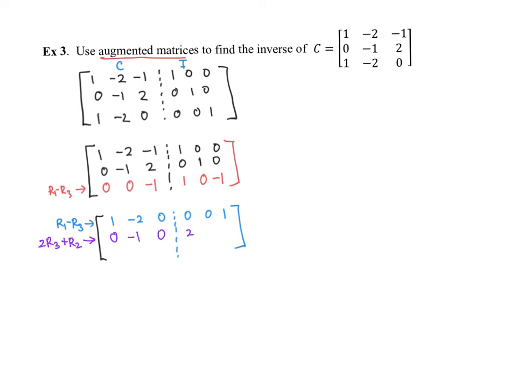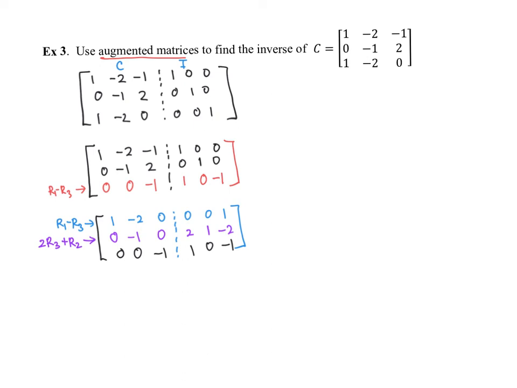Did I make a mistake? Yeah, I did, huh? I forgot to add the 1. 0 plus 1, negative 2 plus 0. Okay, I think that's better. And then the third row, I didn't actually change because it already had all the zeros I need on it.